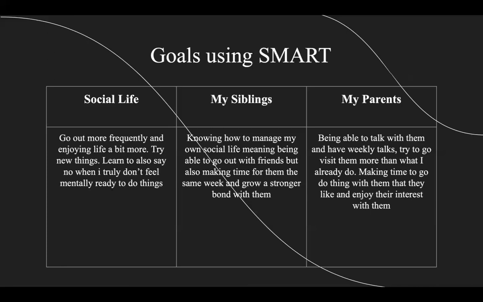And then also grow a stronger bond with them, since I already am growing a stronger bond because of everything that went on with my brother. We learned how to communicate with each other and be there for each other more frequently. So that's a goal that's already happening.